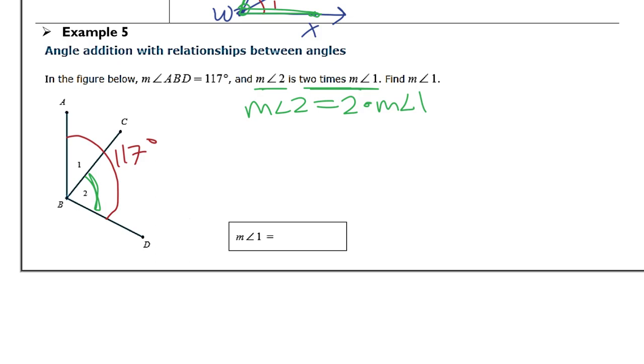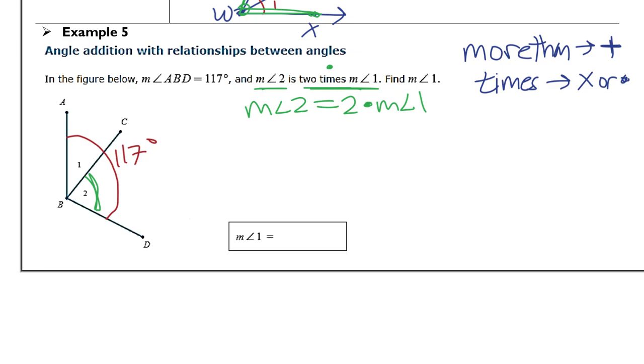When it says times, that is a multiplication symbol, or we're going to use a dot in this case. So not an X, but we use dots because we don't want to interpret that as finding the variable X. If you didn't know, when it says more than, this will be addition, and times is equal to multiplying, or I like using the dot.